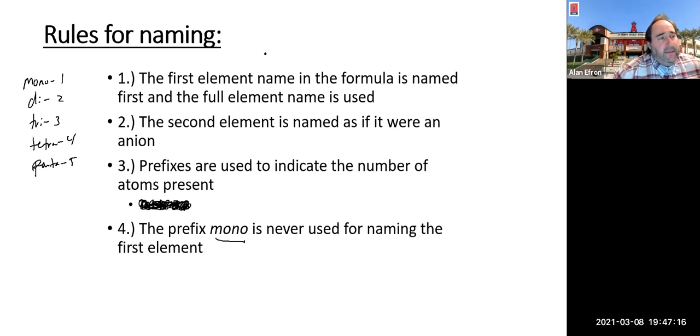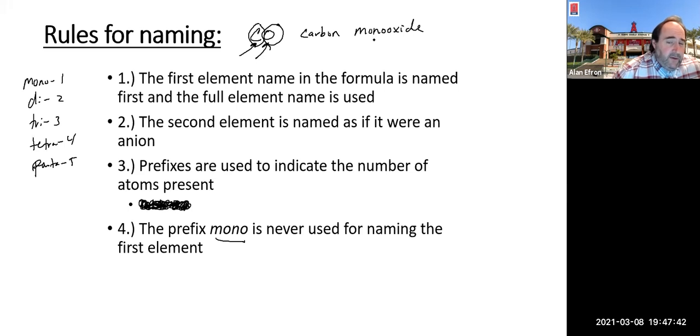And the other very common thing that occurs is sometimes we will get a prefix and the first letter of the element. We'll get a couple of vowels together. So for example, if we have something like CO, C is carbon, nonmetal, O is oxygen, nonmetal. We would not use mono on the first name, so we would just use the whole name of the first element. The second guy, we can use mono, and we make IDE out of it.